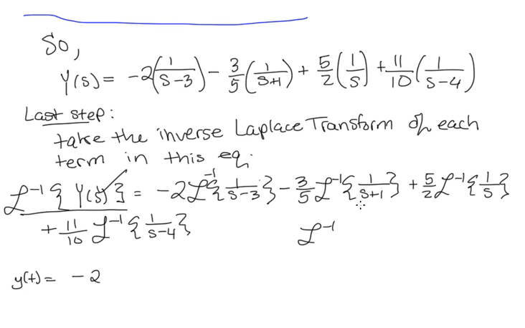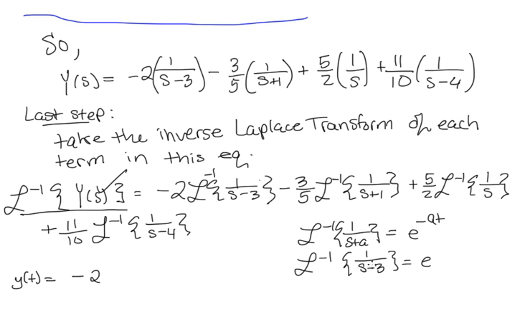Well, the inverse Laplace transform, if you had a table or something, it's something very good to know. The inverse Laplace transform of 1 over s plus a is e to the negative a times t. So using this, we know that the inverse Laplace transform of 1 over s minus 3 is e.